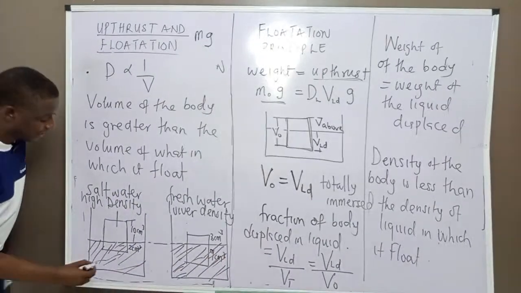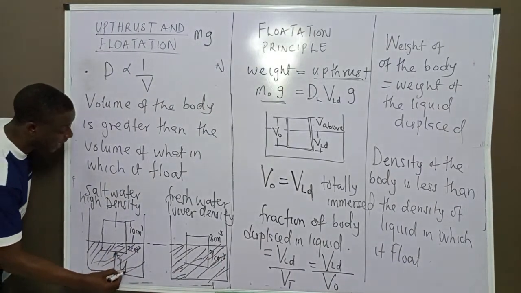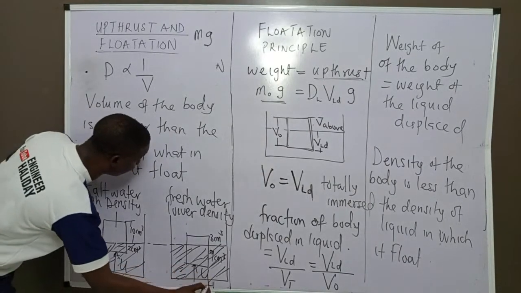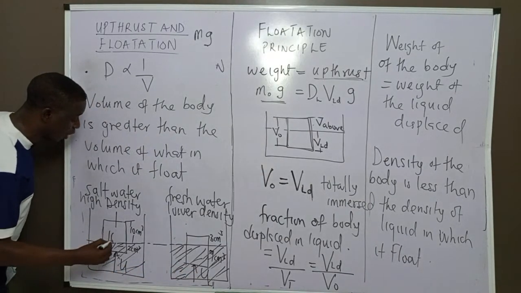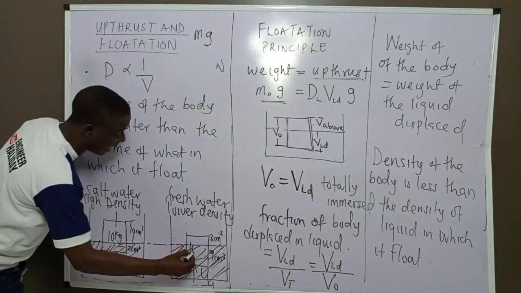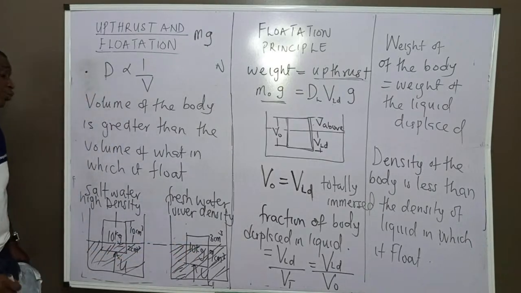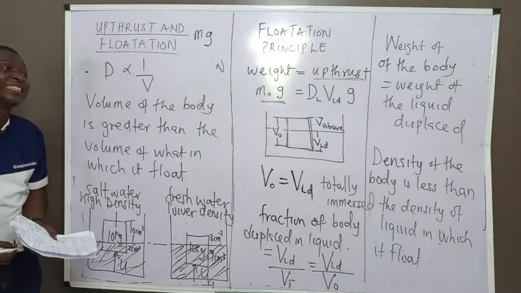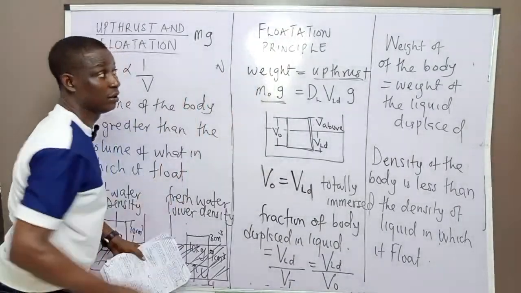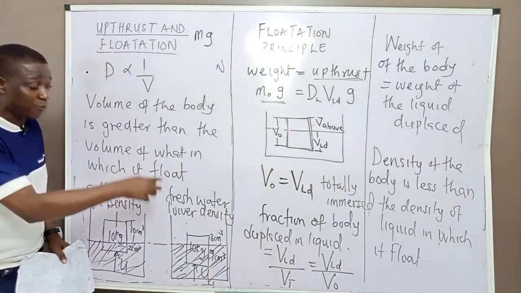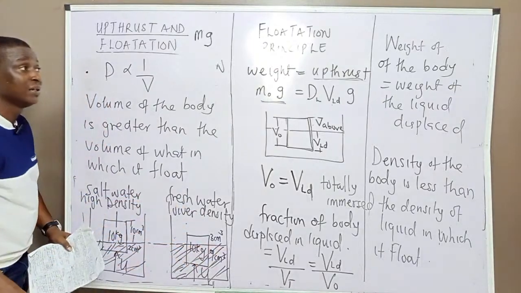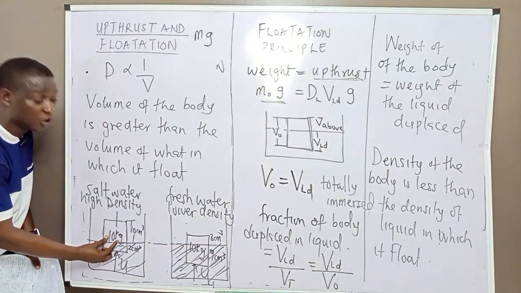So the upthrust in both of them will still be the same. Please take note of that too, because we are using the same body of maybe 10 kg. Why is the upthrust going to be the same? Because the two of them have the same weight. The weight of this body is the same as the weight of the body placed in this place. So the weight is 100 Newton.